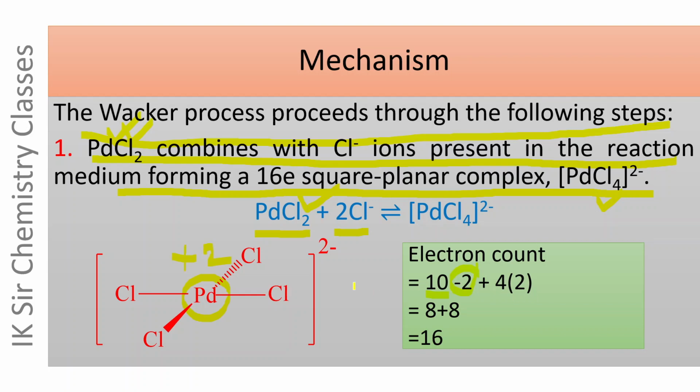And each of the 4 Cl- ions contributes 2 electrons towards the electron count, and accordingly the electron count will be 16. It is coordinatively and electronically unsaturated.